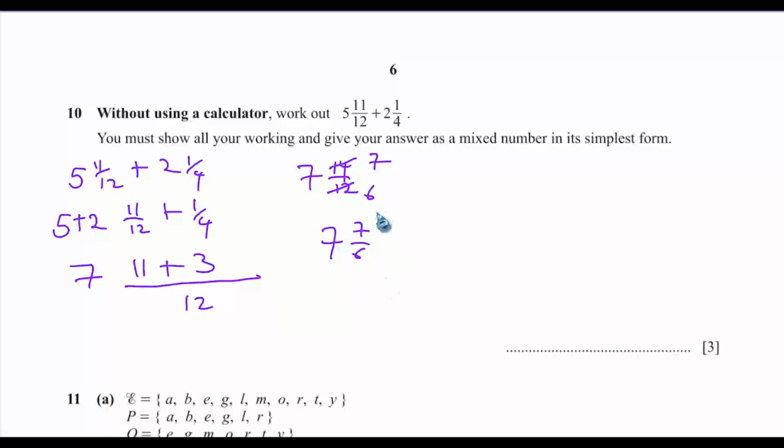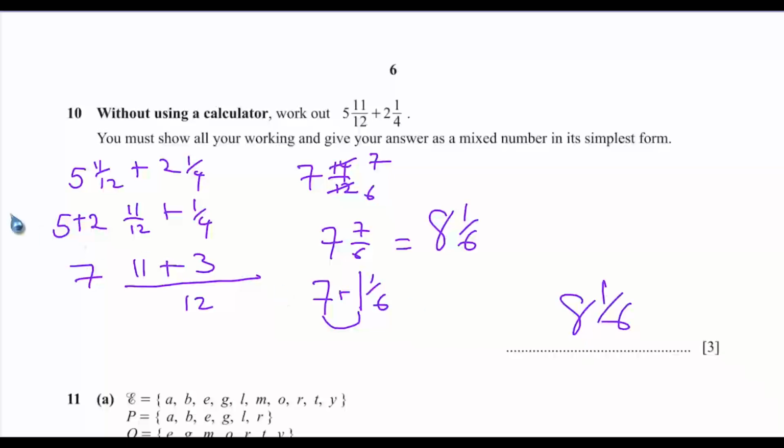So that means we're going to get 1 whole. So that means we have 7 whole plus 6 goes in 7, that is 1 whole, then 1 out of 6 left. So we can add these two whole numbers together. That will be 8 whole number, then 1 out of 6. So we have 8 whole number, 1 out of 6.